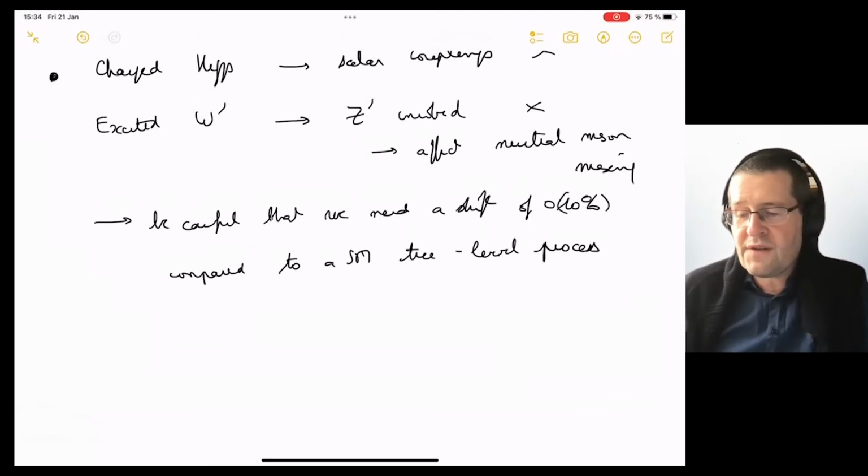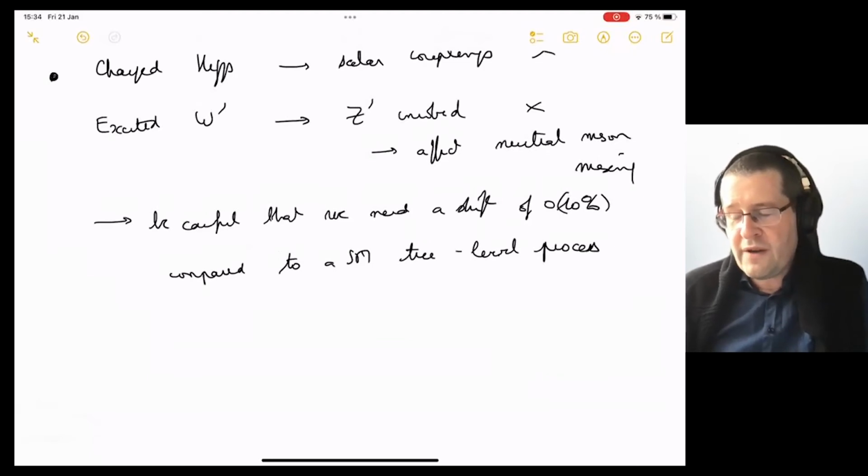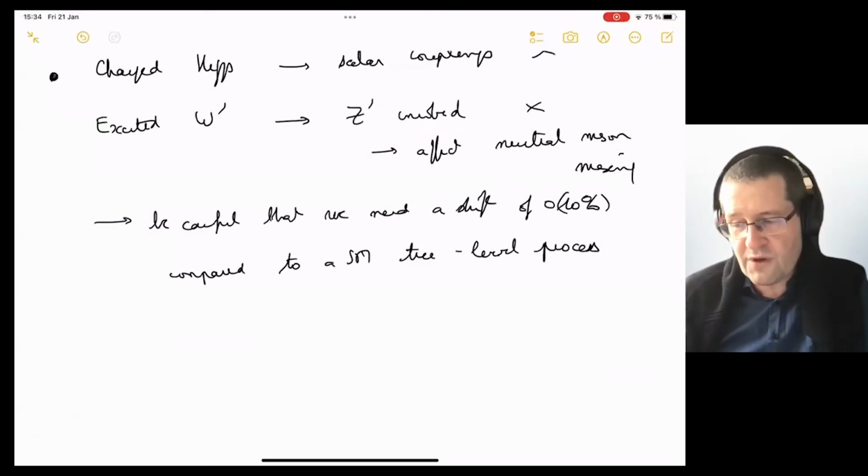But then this Z prime will be involved in processes that in the standard model are loops. So that means that you will have a Z prime contributing at the typical level of a tree-level standard model process with respect to what is a loop-level process in the standard model, being the neutral meson mixing.